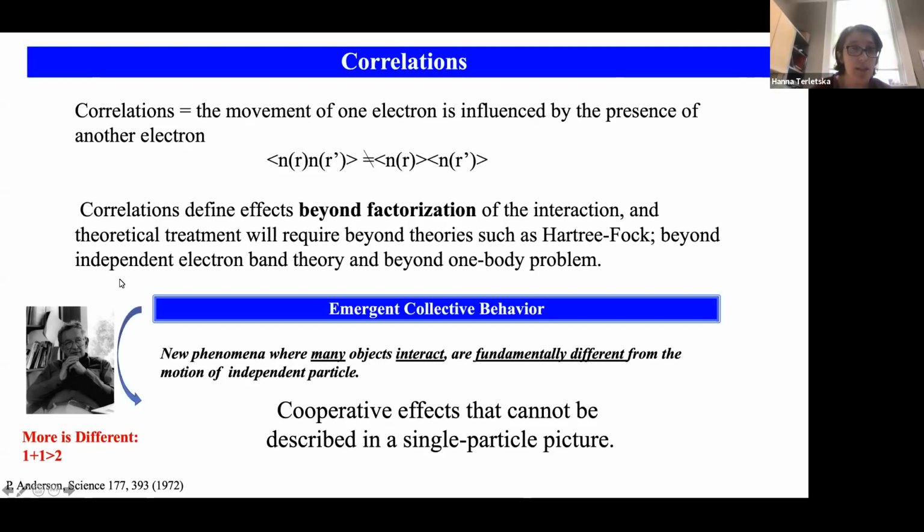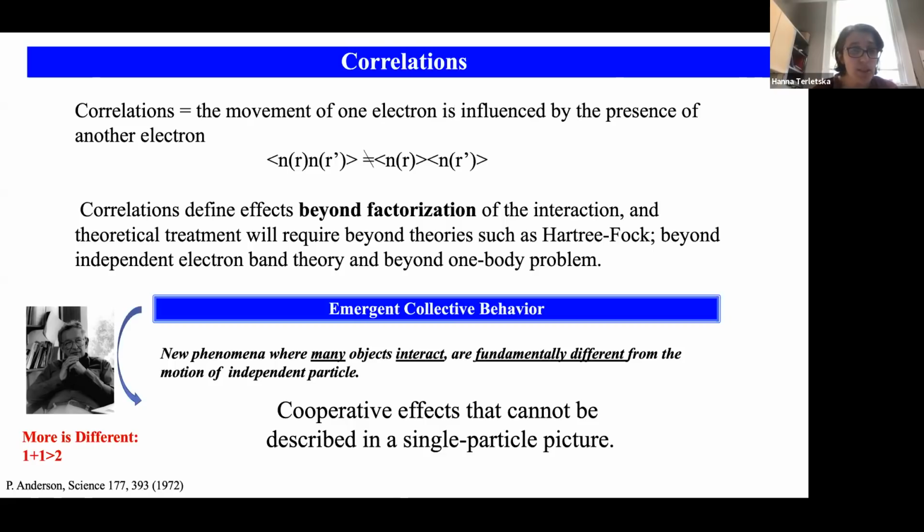And correlations are not just some phenomena common for correlated electrons. It's actually common for many systems, including humans, right? When humans interact, different behavior can emerge, and it's present in physics, chemistry, biology.